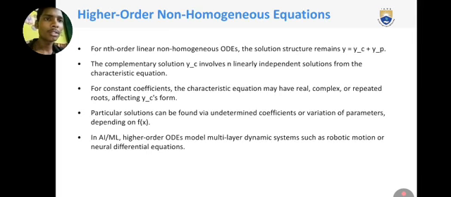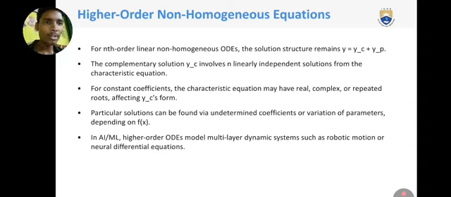Higher order non-homogeneous equation. For an nth order linear non-homogeneous ODE, the solution structure remains y = y_c + y_p. The complementary solution y_c involves n linearly independent solutions from the characteristic equation. For constant coefficients, the characteristic equation may have real, complex or repeated roots.